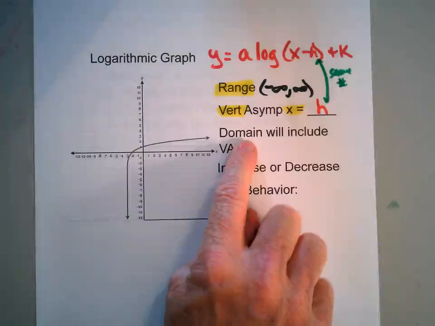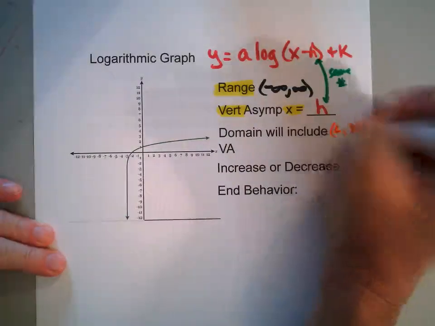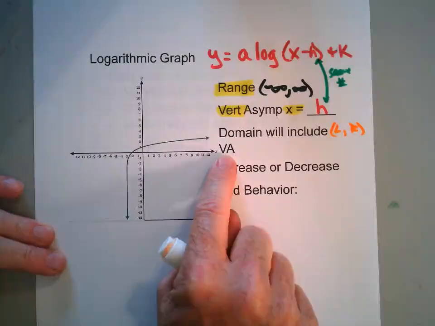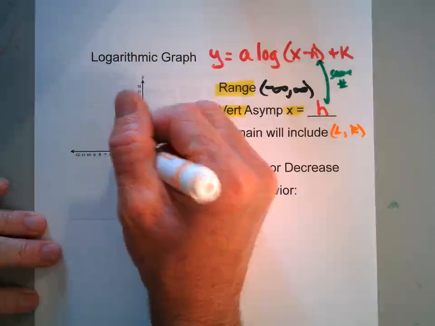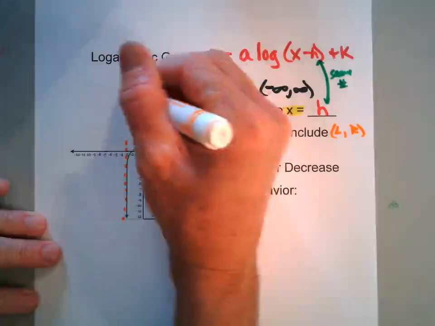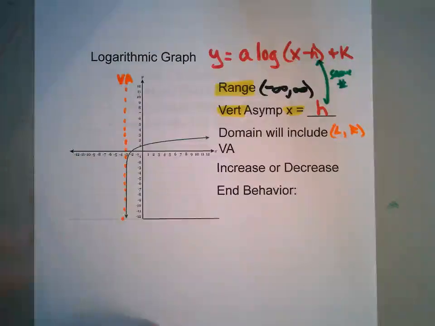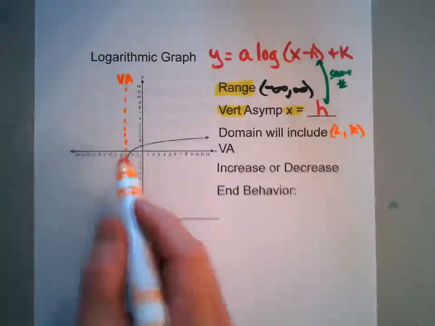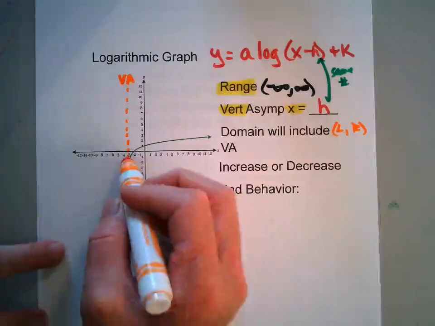As we get to domain, remember that domain is left to right. This time it's going to include the vertical asymptote. On this graph, it appears that we have a vertical asymptote, VA, right there at -3. So the domain is going to include that value.